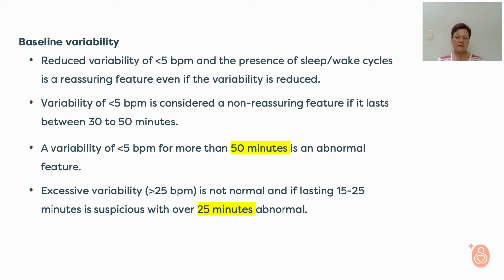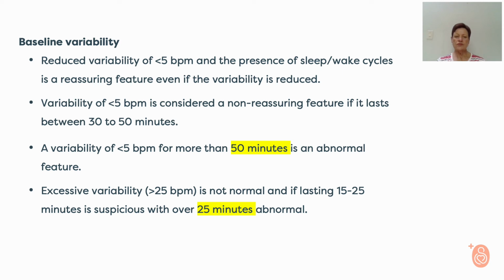It tells us that there's something not well, and that might be because of a lack of oxygen, because as we've said, the sympathetic and the parasympathetic nervous system need oxygen to interact with each other. So if there's a lack of variability, we must make sure whether it's a sleep period or not, and otherwise it might be because of hypoxia.